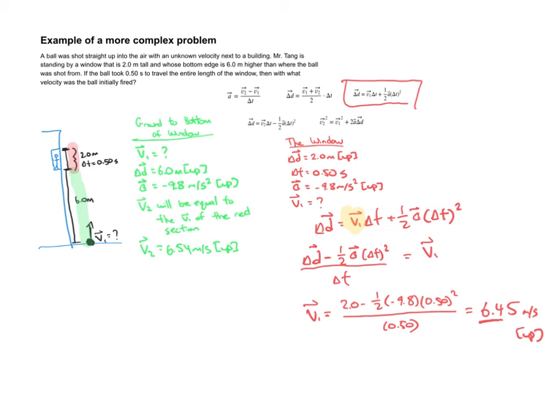And now I pick an equation to figure out the v1. So that equation looks like it'll be this fifth one here. It's got all the variables in it. And I'm isolating for v1.